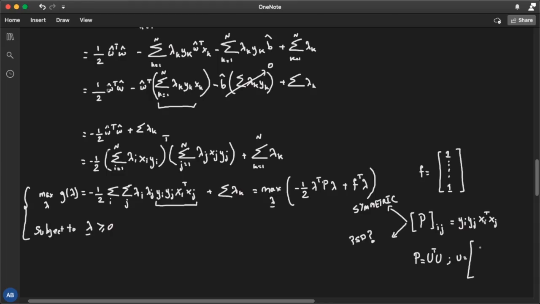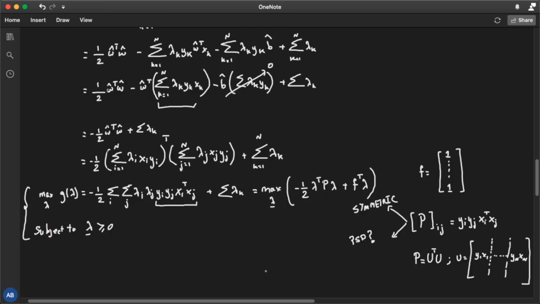U is an m by n matrix that in its first column has y1 x1, y1 scalar, x1 vector, down till the last column where we've got yn xn, right? So since this matrix is in the form U transpose U, it is positive semi-definite.